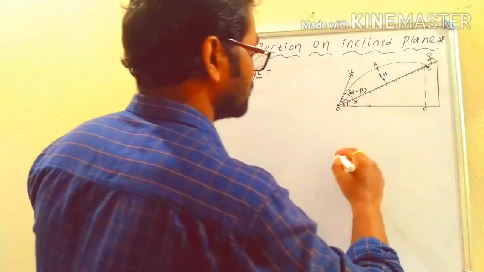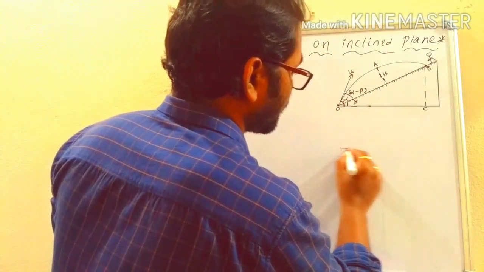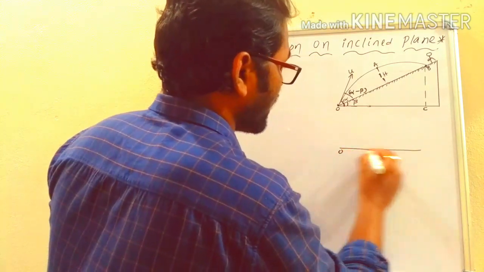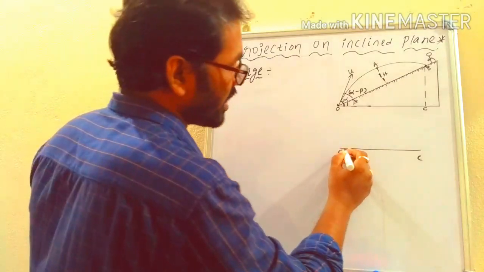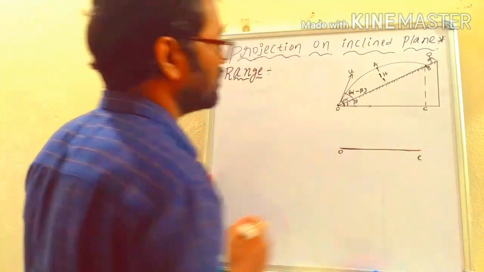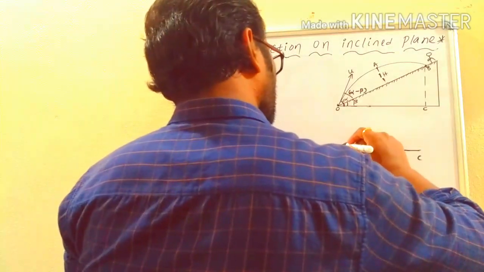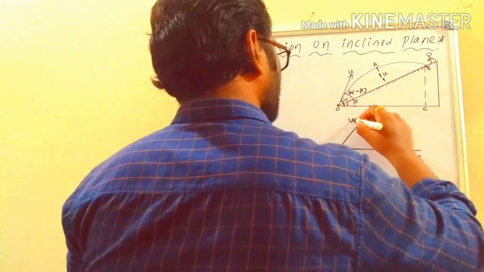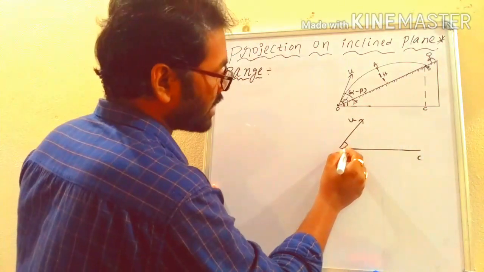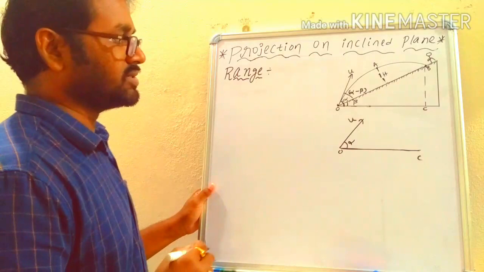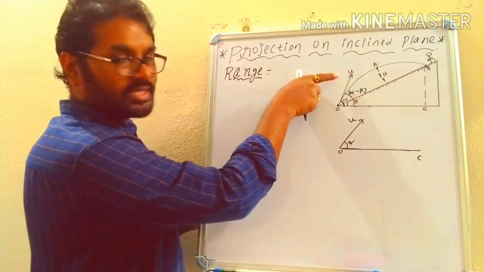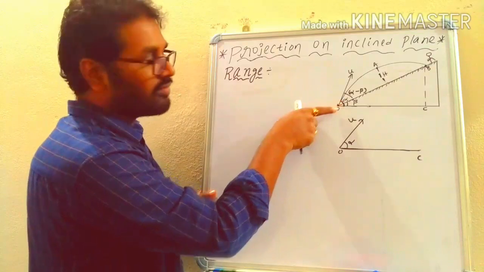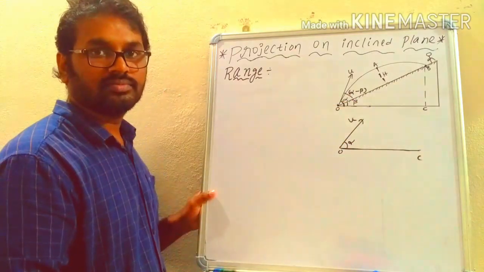Let us see how. So this is the ground axis OC. You can see the OC is the ground axis. And then we have the velocity vector u, which makes an angle alpha with the ground axis. You can see we have already taken the velocity of projection making an angle alpha with the ground axis.